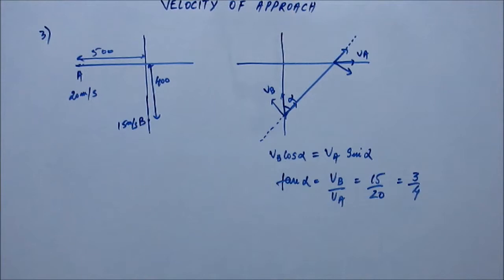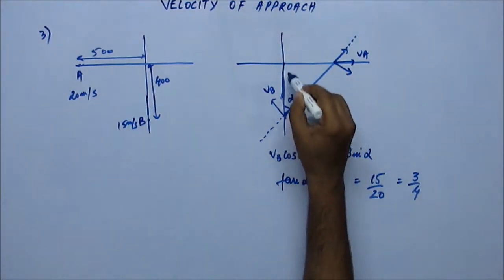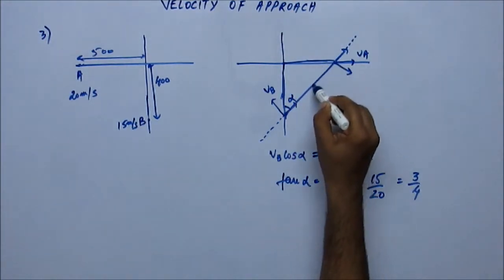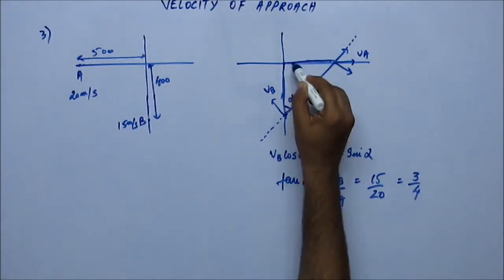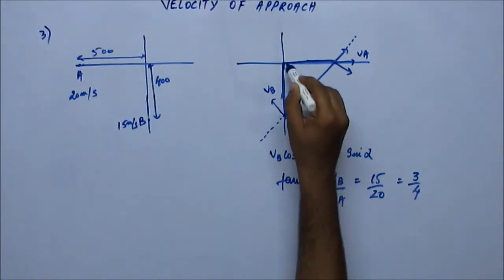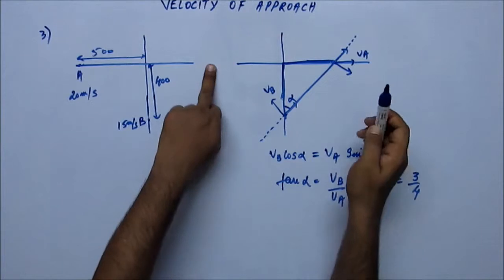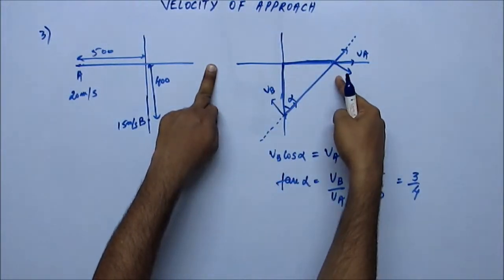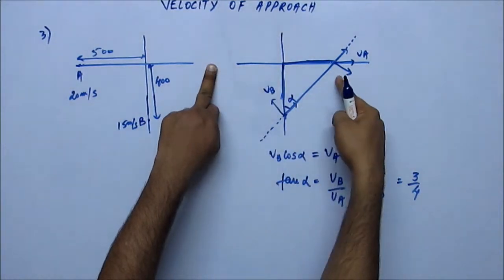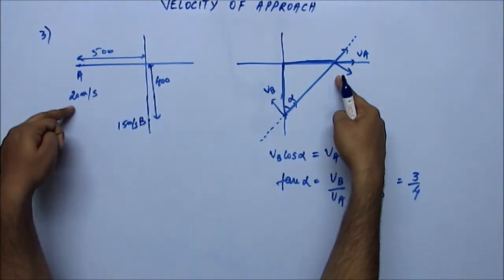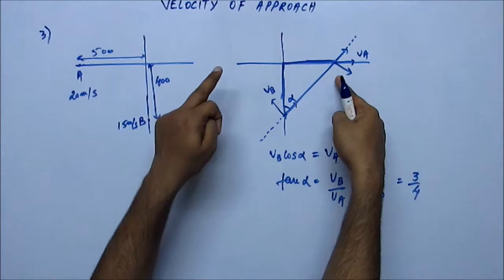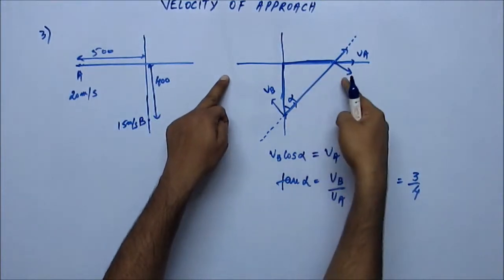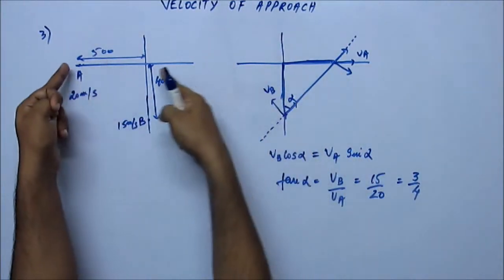Okay, now in this triangle, tan alpha is perpendicular upon base. Now A has traveled from here all the way to here. At any time t, the distance would be 20 into t, because the speed of A is 20. So this whole distance is 20 into t, and this is 500, it was given.